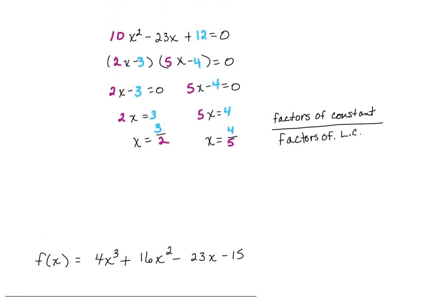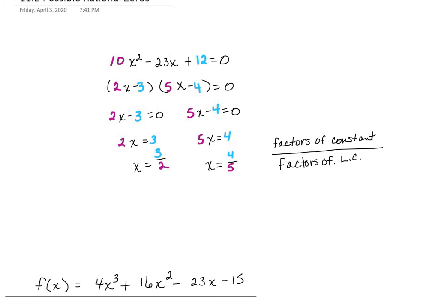But what if we have a problem where I'm not given any starting information? Let's look at this problem, for example. If I wanted to find the factors of this polynomial and I'm not given a place to start, what do I do? Well, that's where that information comes in from up here.